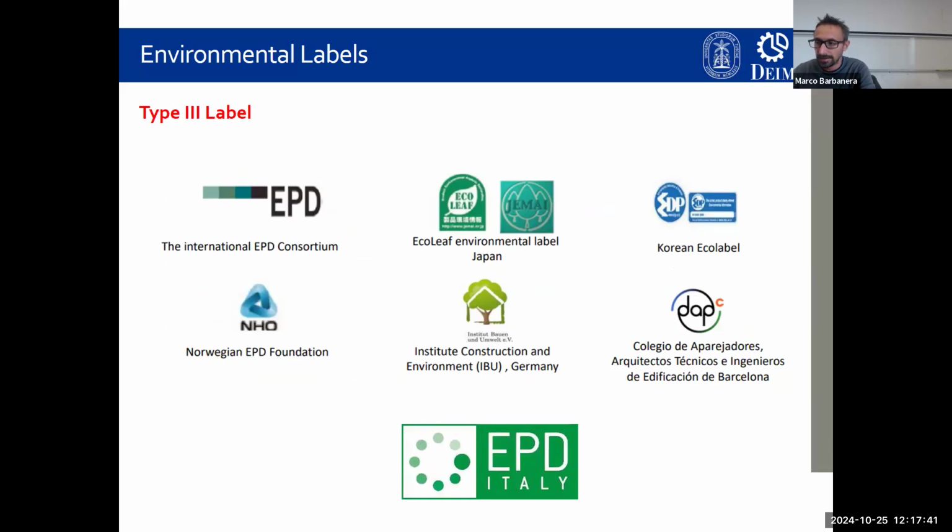So each company that wants to obtain the type 3 label of EPD Italy should follow the rules defined by the organization that manages this kind of certification. This is the same approach for the other type 3 environmental labels.